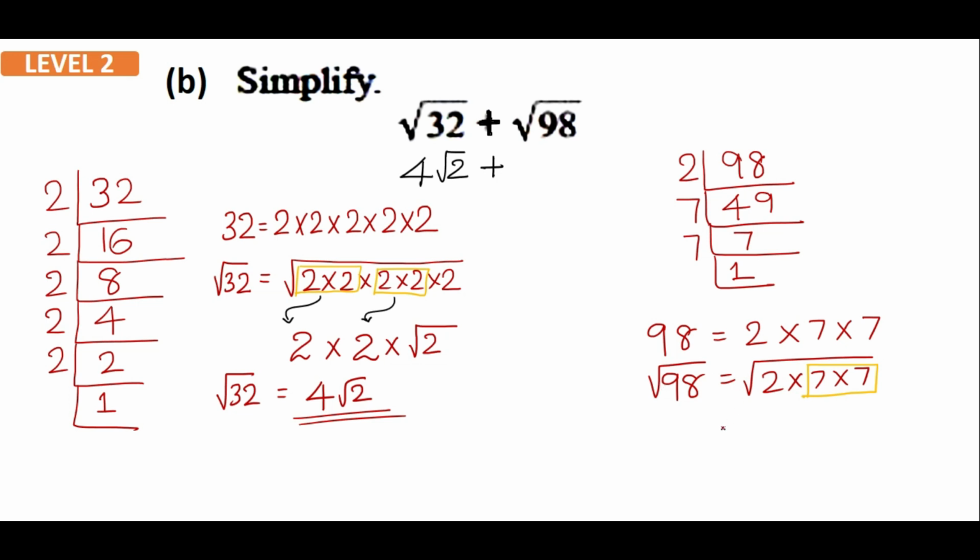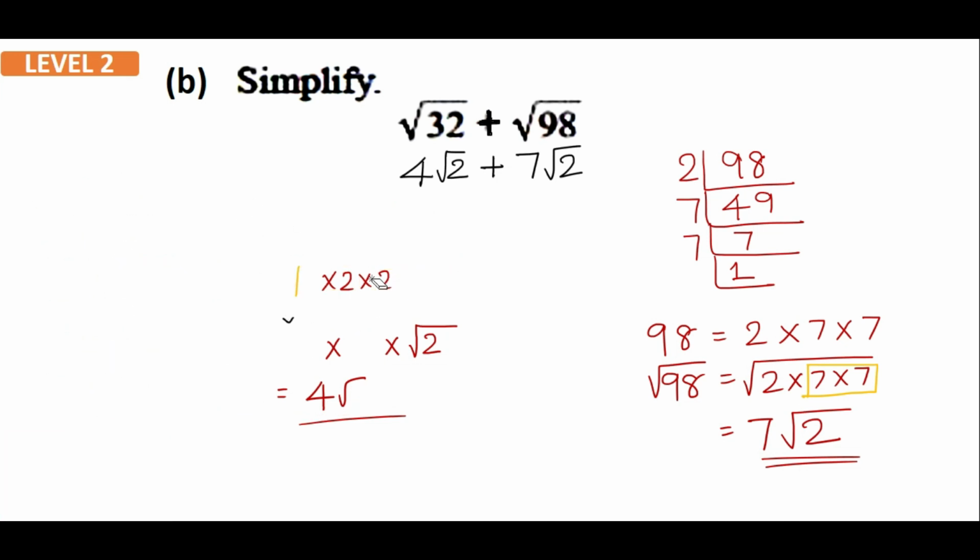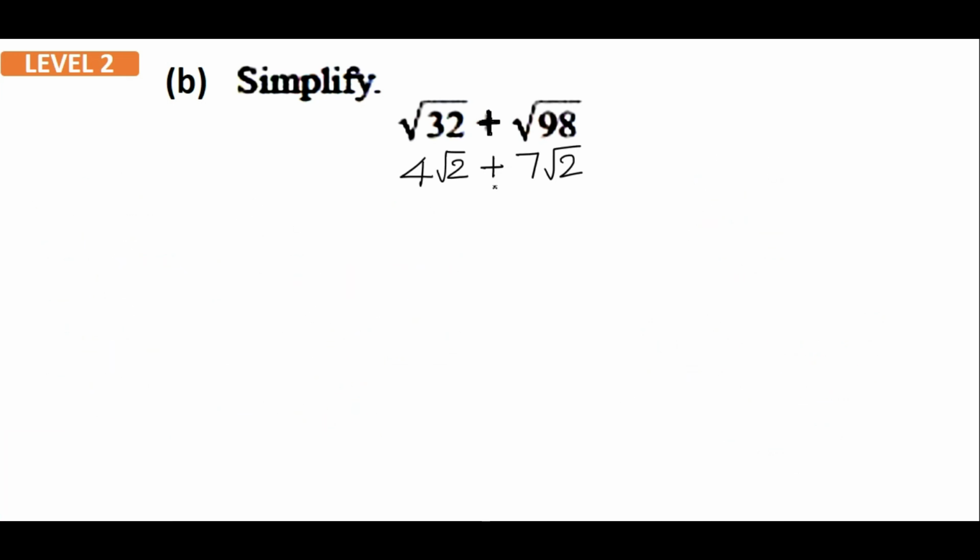It's 7 that's going to be outside of the square root sign and the 2 remains. Let me put this value to replace square root of 98: 7 root 2. Now I have a root 2 in both these terms and I'll add 4 plus 7, giving me 11. So this is my final answer.